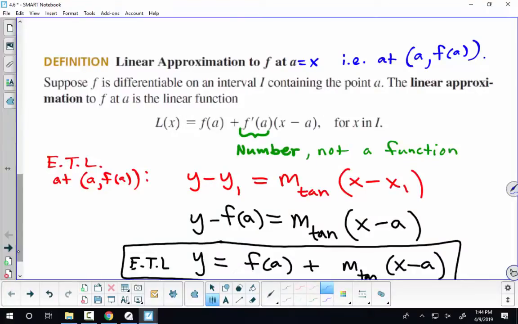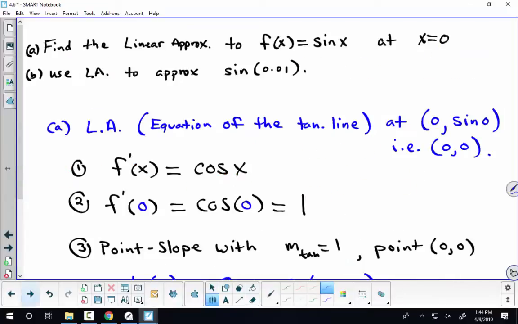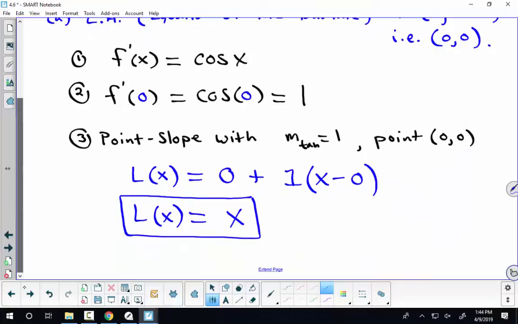So what we found for the original function f of x equals sine x is the linear approximation. But what does that actually mean? We have a way to approximate the sine function linearly. How does that help in any way?